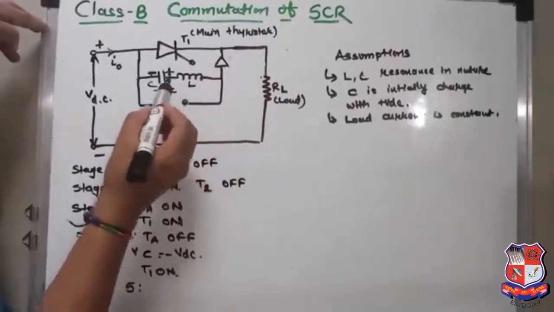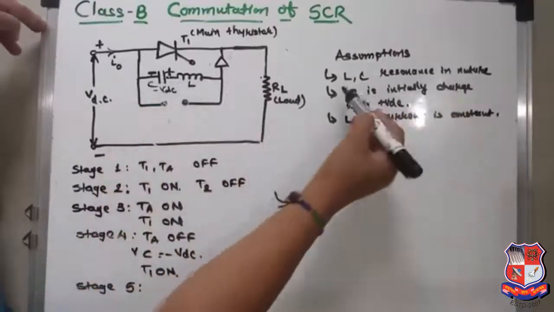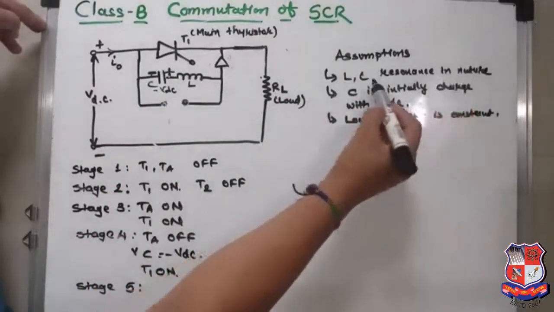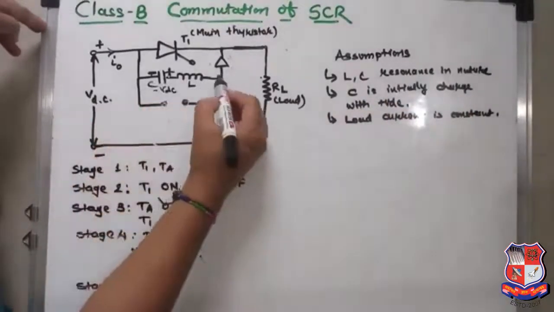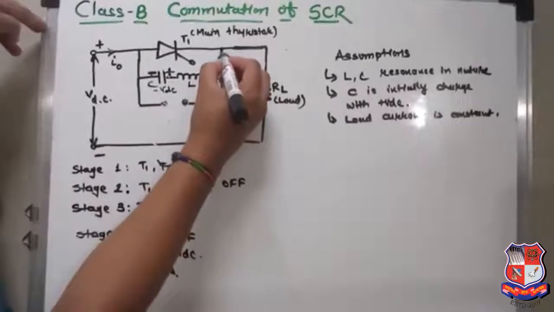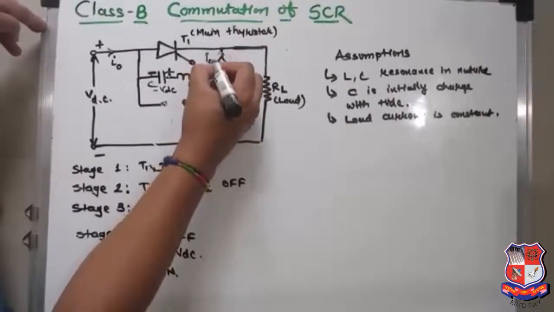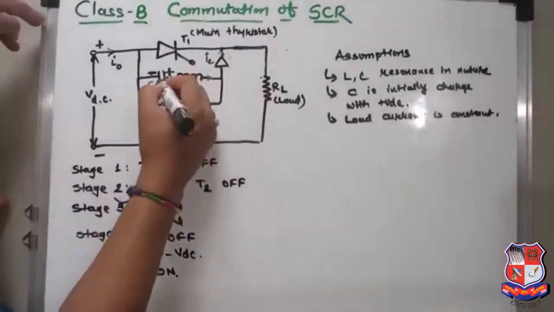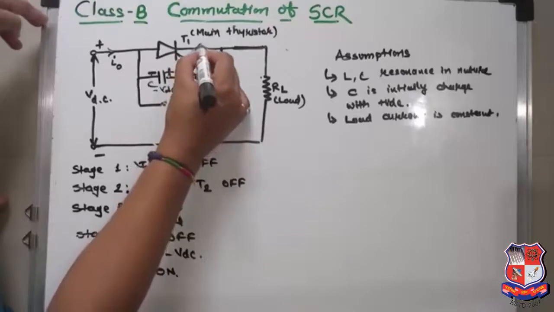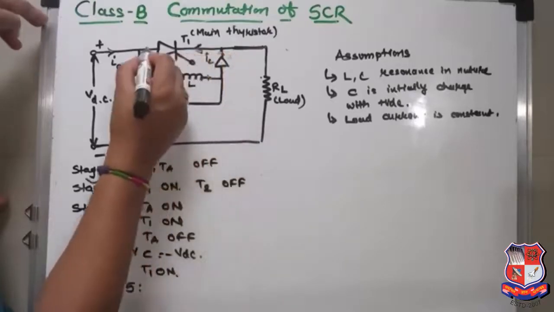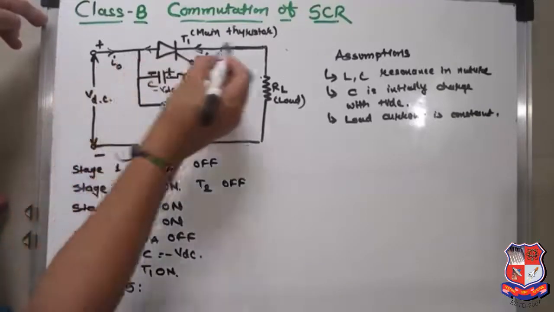Now LC forms a resonance, LC resonance in nature. The resonance current is supplied by the capacitor in the opposite direction. If I say the resonance current is IC, supplied by the capacitor, then it flows in the opposite direction, from cathode to anode, and I0 is already flowing from anode to cathode.